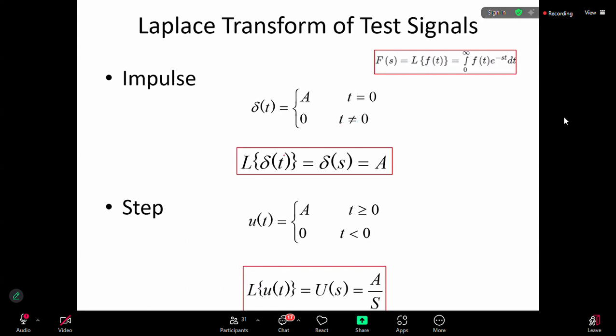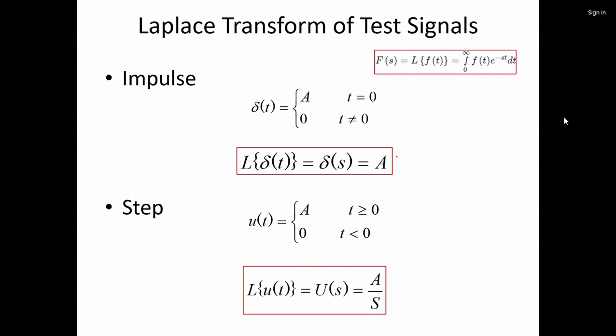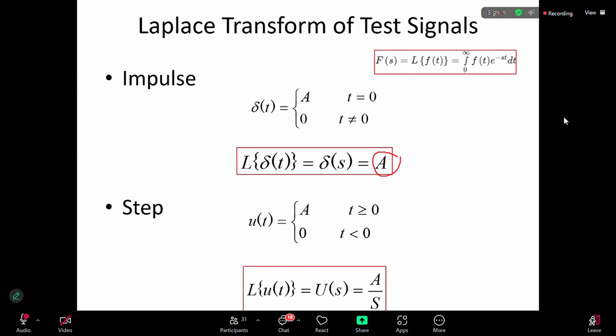And if you take a Laplace transform of the impulse function, you actually get the same value, which is A. So the function has the same value both in time and frequency domain, because here it is at a particular instant. Okay, so the integration has no meaning because you are not talking about any finite time duration. So it's just the same value both in time and frequency domain.